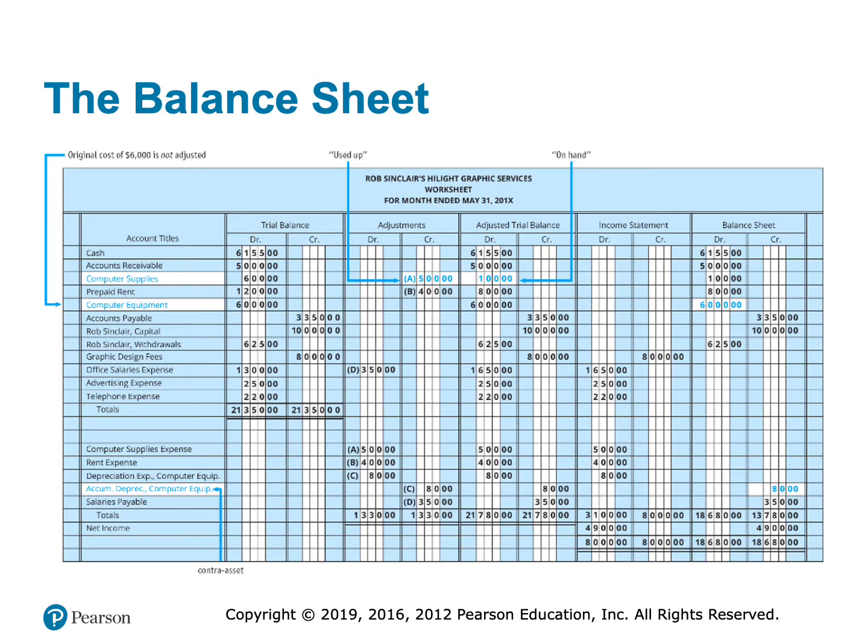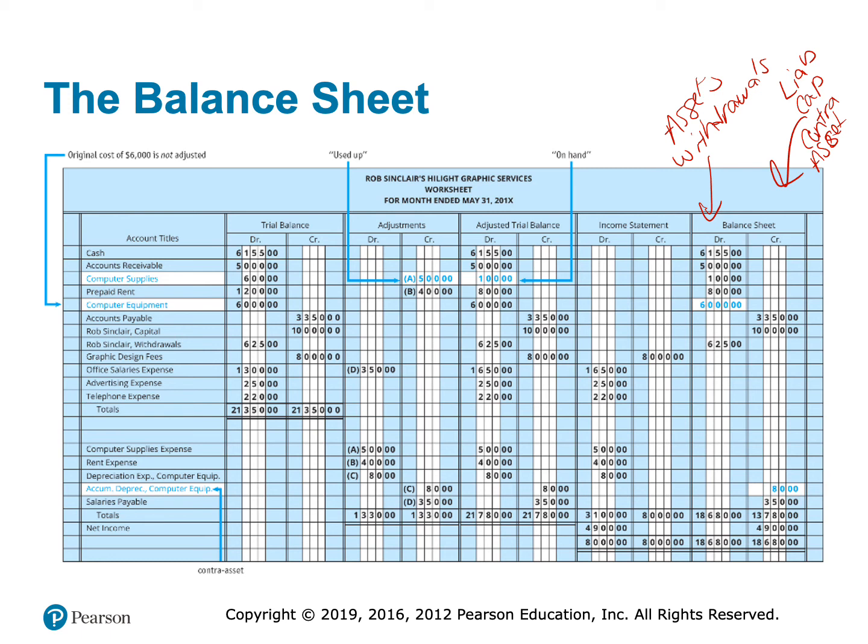So now I'm going to look at the balance sheet columns. So I'm going to pull over only those accounts that appear on the balance sheet and make sure that you get them in the correct columns. So in the debit column will be the assets and the withdrawals. In the credit column will be the liabilities, the capital account, and now that contra asset account, accumulated depreciation.